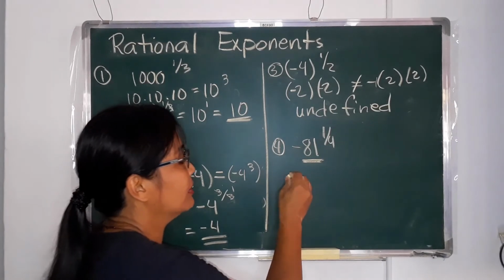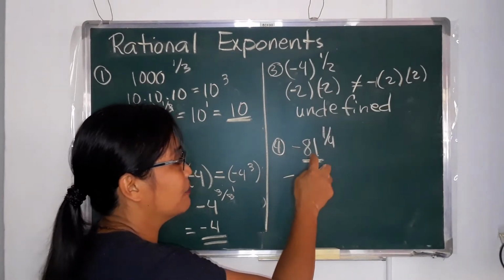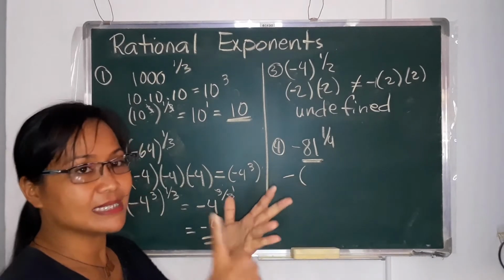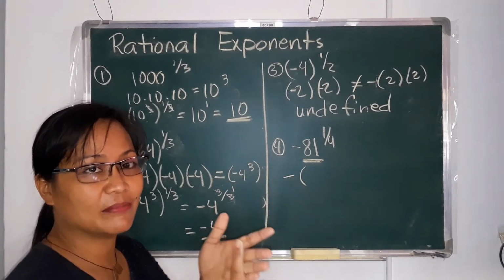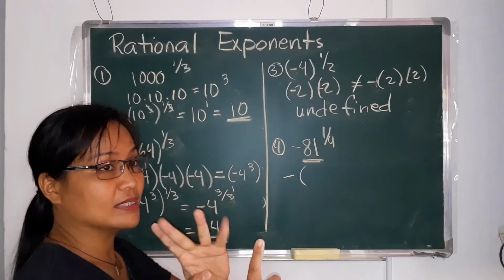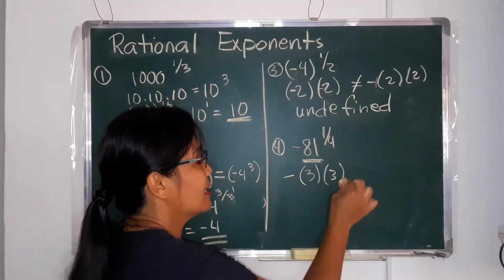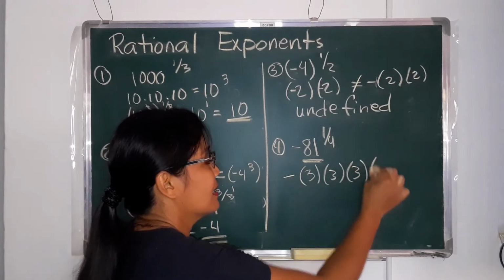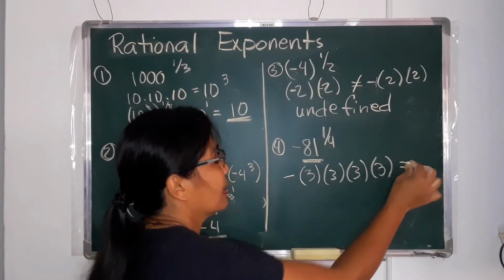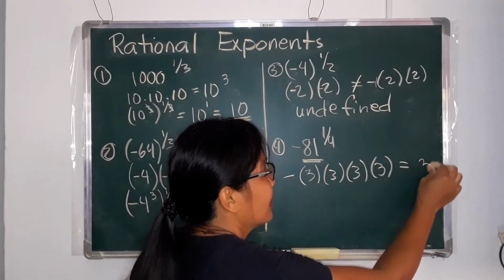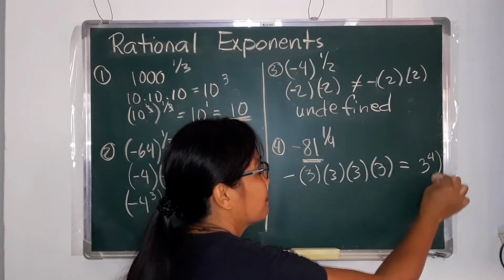Okay. So ngayon, mag-isip tayo ng factor na pwede ang 81. Okay, 3. Try natin. 3 times 3, 9 times 3, 27 times 3, we have 81. So 3 raised to 4. So 3, 3, 3, 3. Or, pag isulat natin siya in exponential form, we have 3 raised to 4.